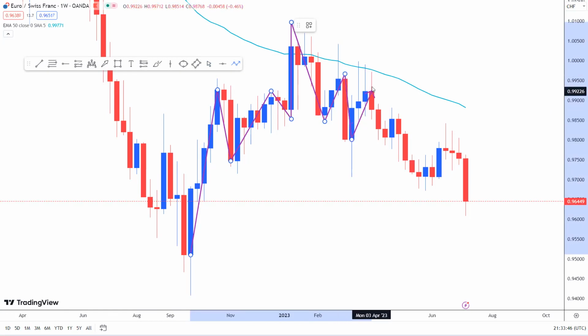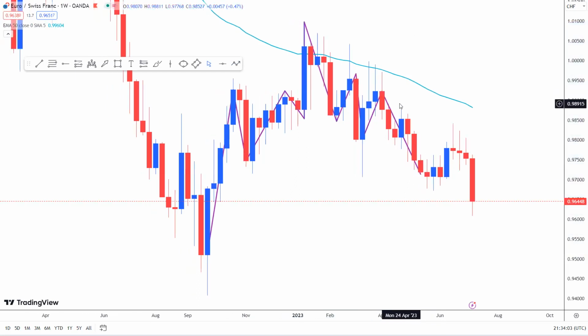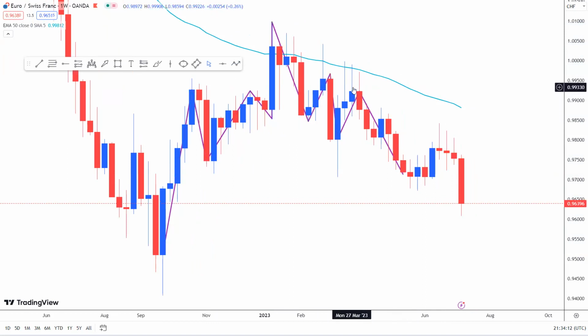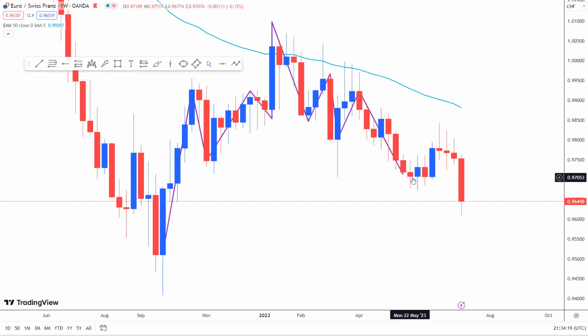And then we pretty much shifted from what? Bullish market structure to bearish. Clearly, as you can see, we started printing lower highs and lower lows, with this being the most recent lower low.